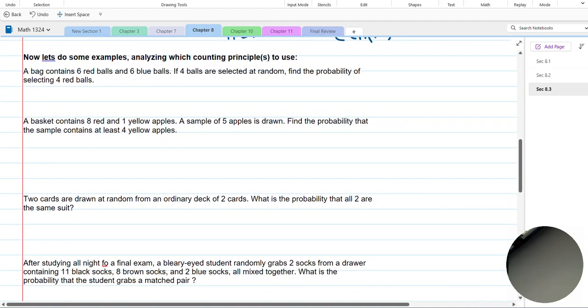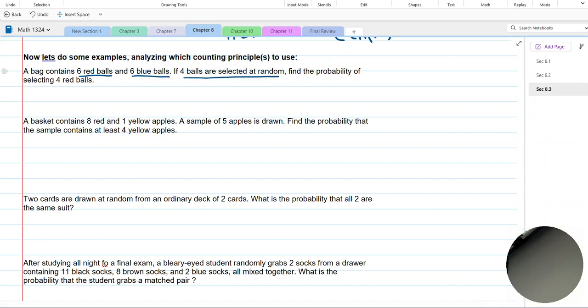So we're going to do examples analyzing which counting principle to use. A bag contains 6 red balls and 6 blue balls. If 4 balls are selected at random, find the probability of selecting 4 red balls.